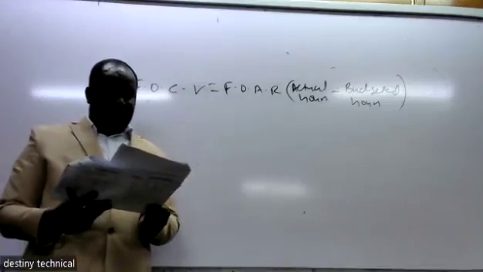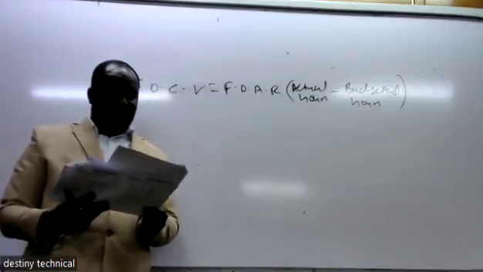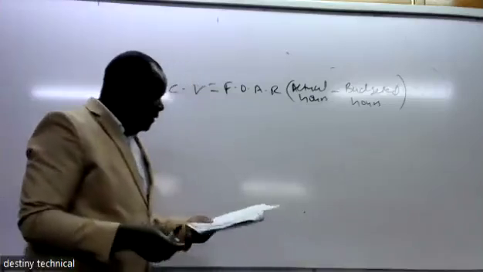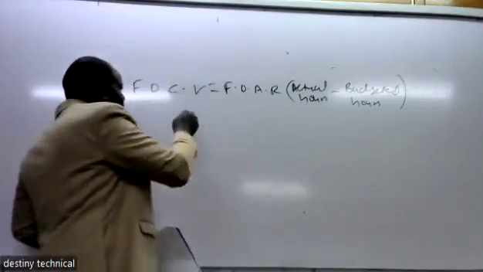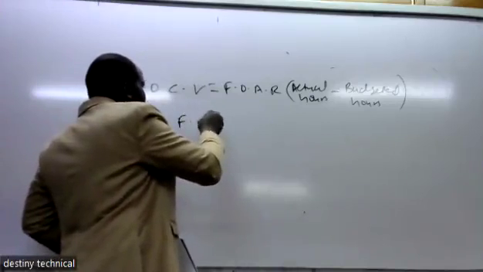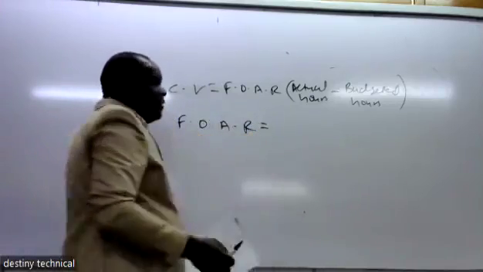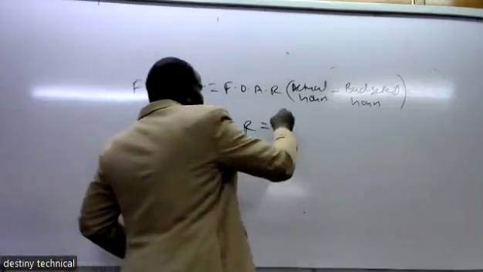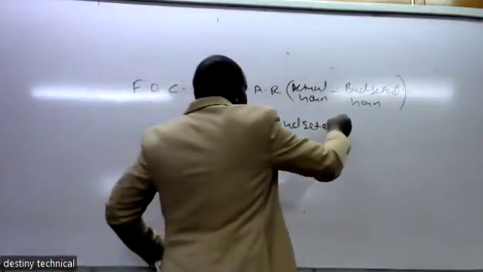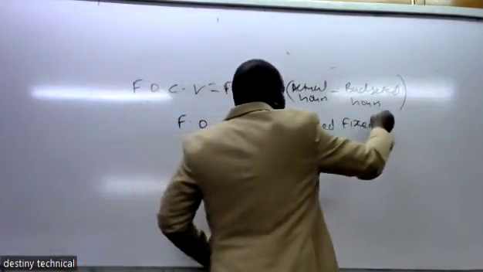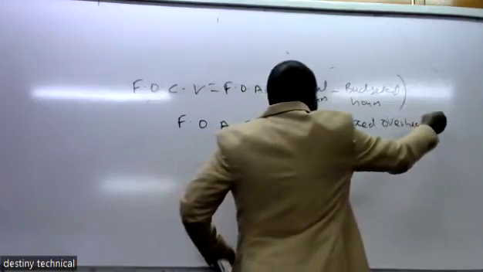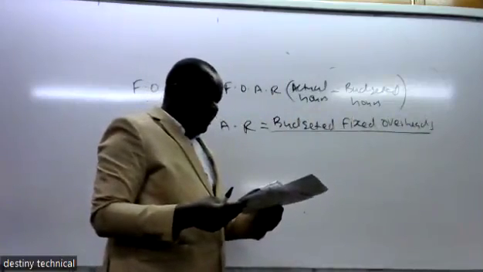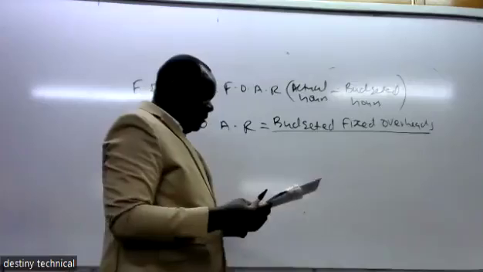Then the fixed overhead absorption rate. Let us do our working for the fixed overhead absorption rate. It will also be given by the budgeted fixed overheads divided by the standard hours for the budgeted production.